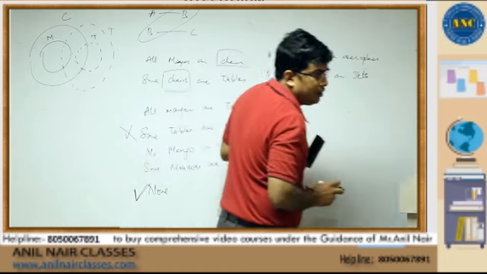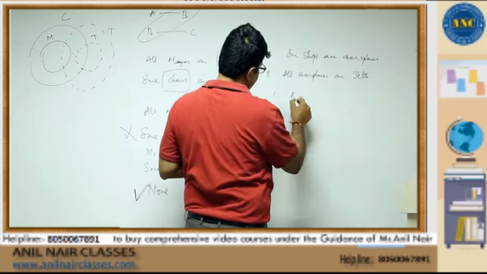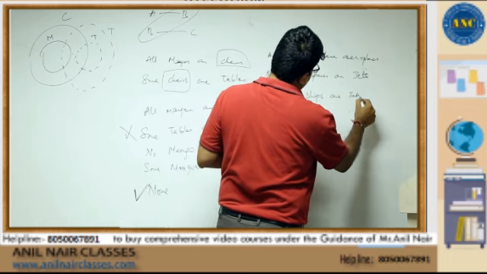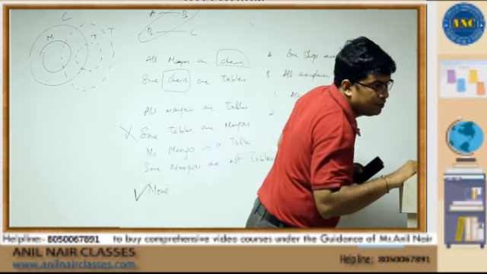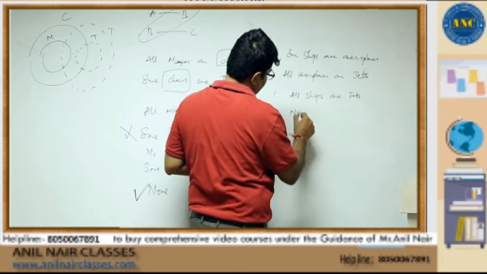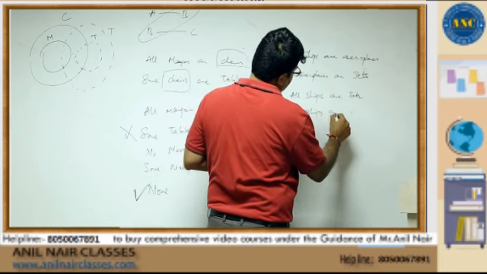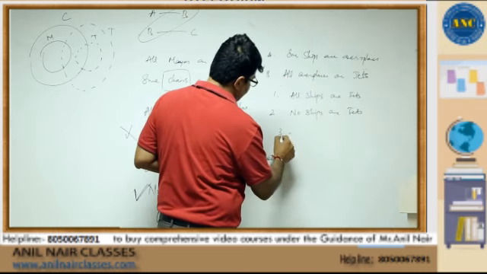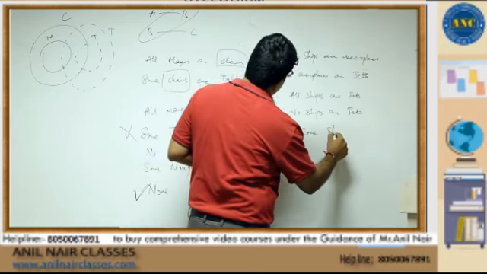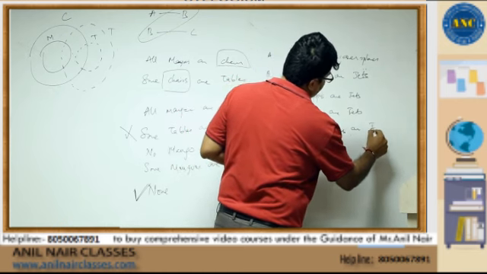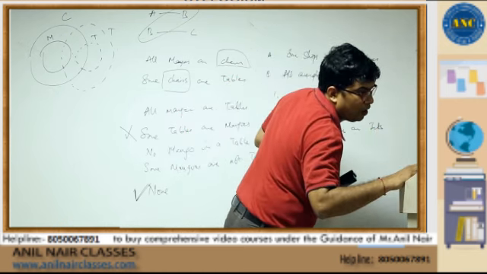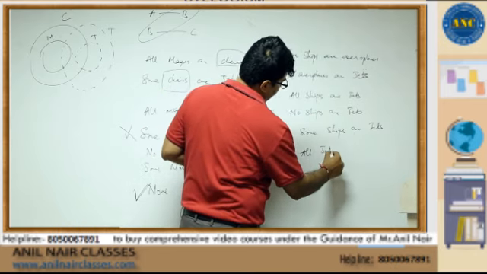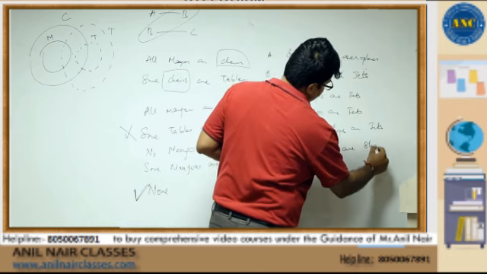Option 1: all ships are jets. No ships are jets. Some ships are jets. All jets are ships. Some ships are jets. But that is not in the third one.